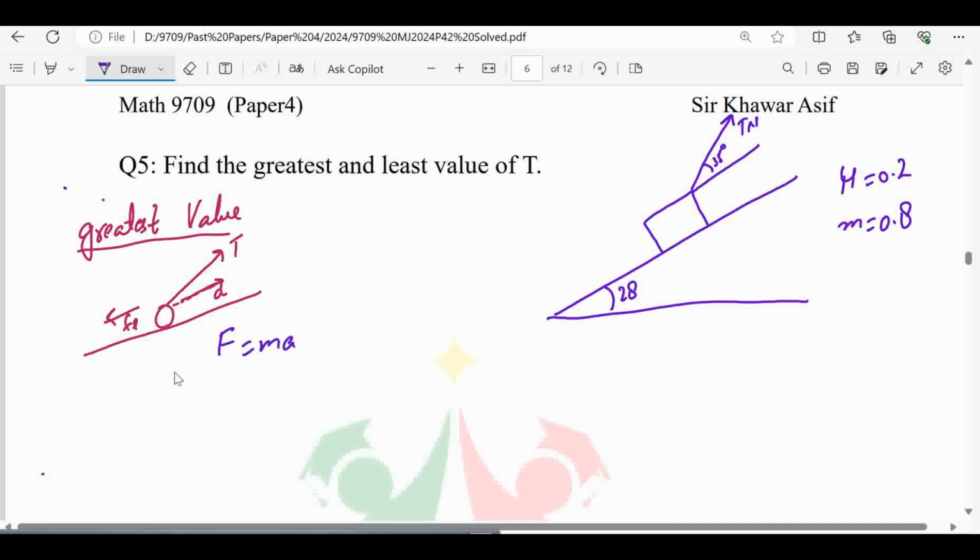Now forward forces minus backward forces. From here we cannot ignore the weight component, vertical and parallel.